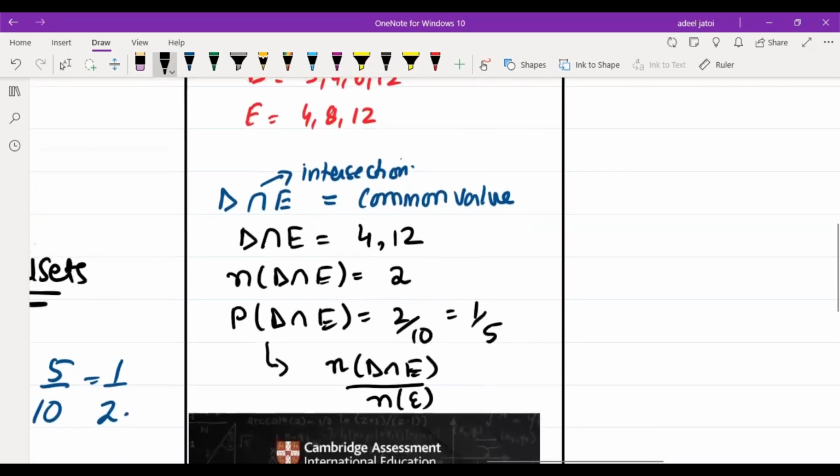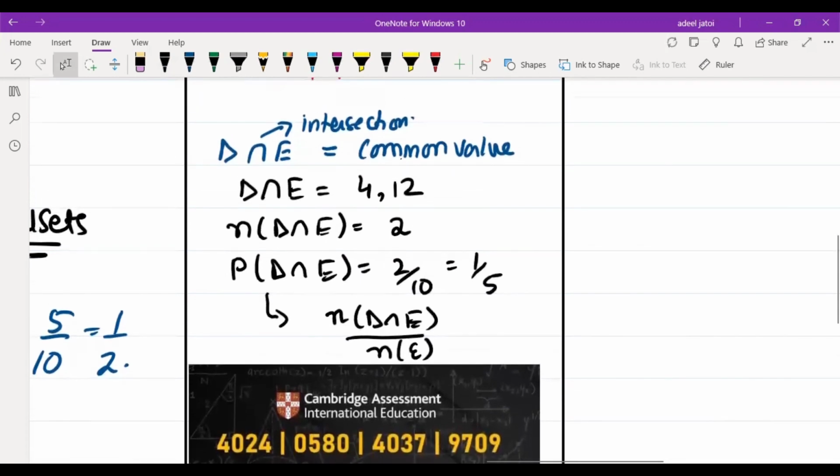Similarly, with the same example, the question can be based upon D intersection E complement. Other than 4 and 12, all the numbers from the universal set can be taken into consideration: 3, 5, 6, 7, 8, 9, 10, and 11.